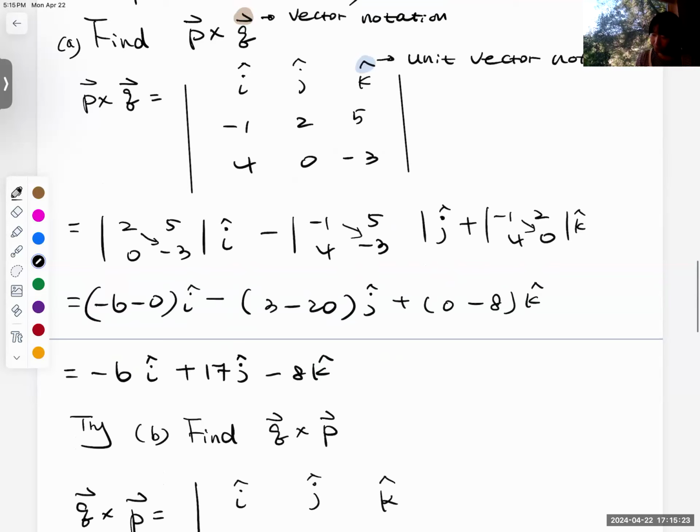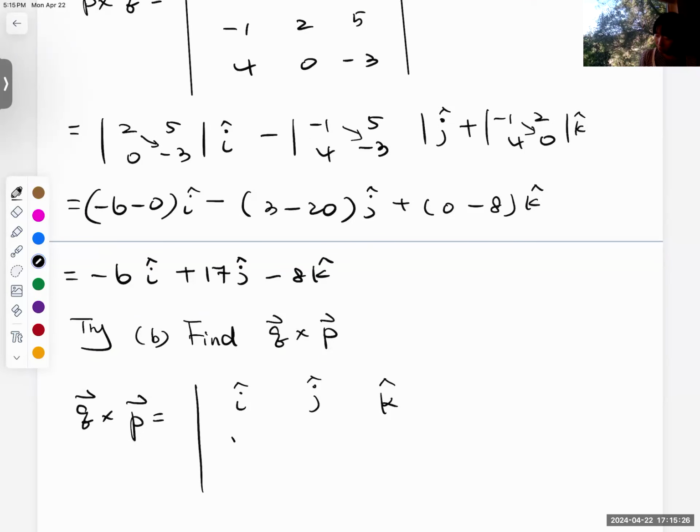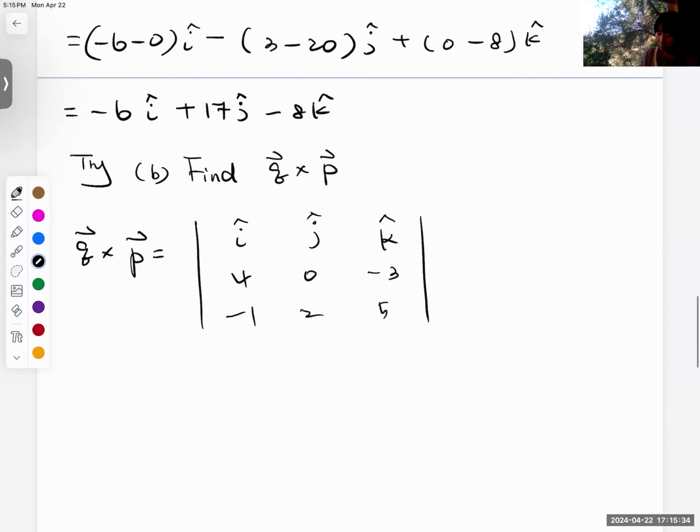Q is 4, 0, negative 3, P is negative 1, 2, 5. Okay, i minus j plus k, right?